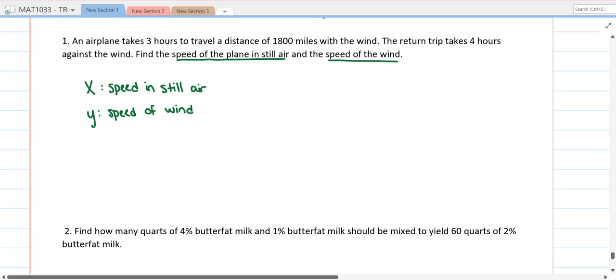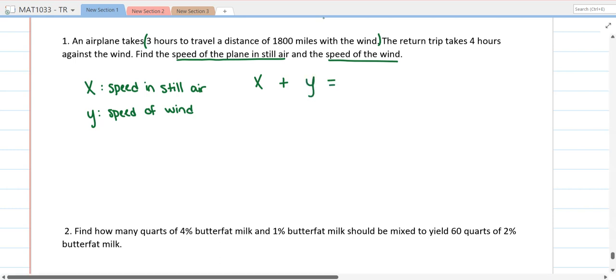Now, if there was no wind whatsoever, I would get to my destination in 3 hours, or however many miles away it was, depending on the speed. But there is the wind that affects it. First, it takes 3 hours to travel a distance of 1,800 miles with the wind. That means the wind is helping, so I have the speed in still air plus the wind, going faster.